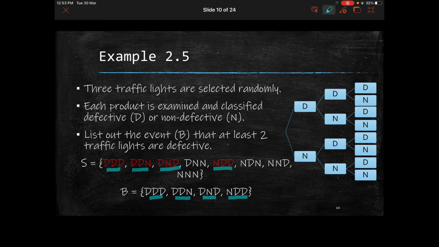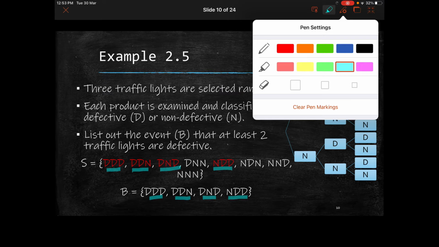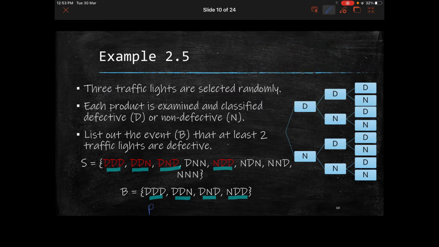So P of B would be 4 out of 8, which equals 1 out of 2, also a 50-50 chance for the event to occur.